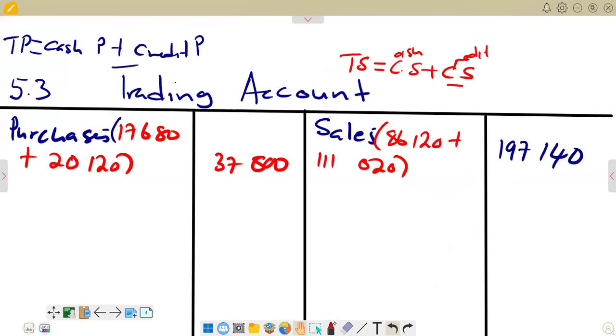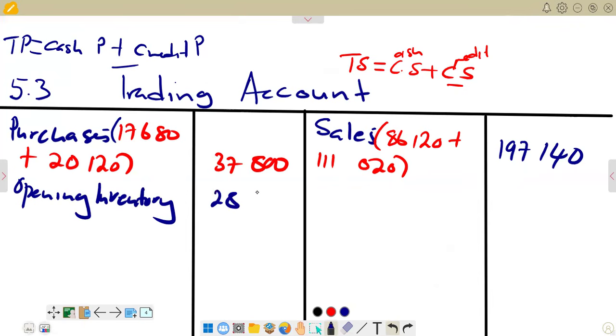The figure that we have there is 28,920.